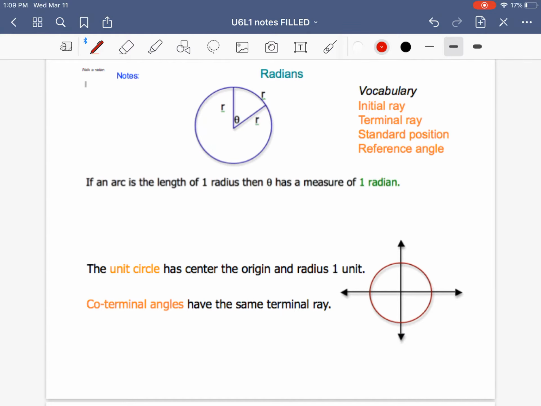So we can say that 1 radian, and by the way, this measure is unitless. Radians are unitless.